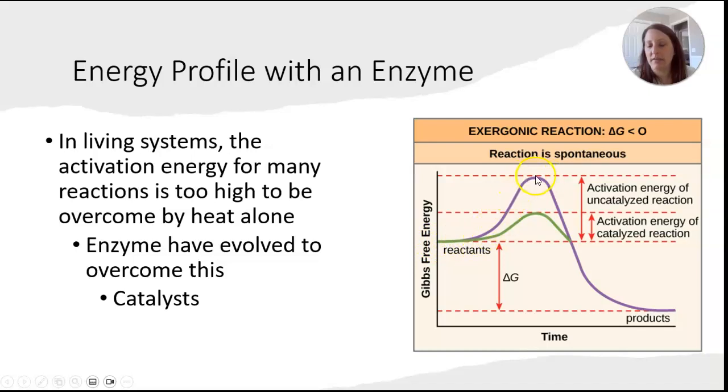So look how high the activation energy is. And then in green here, we have the reaction profile of the reaction with an enzyme added. So what happened? This hump was brought down. So we say that enzymes lower the energy of activation and help reactions to proceed at a faster rate.